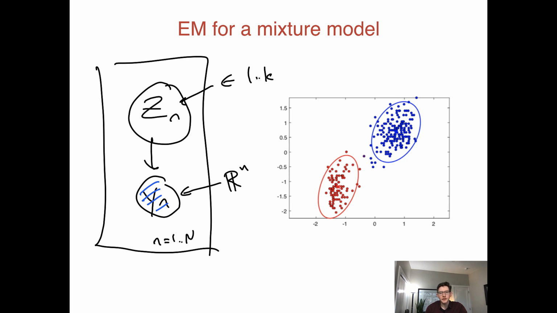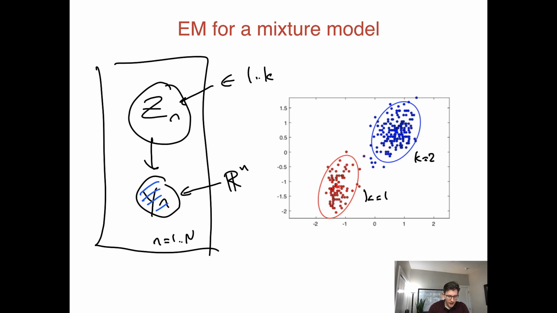We might want something like this, where we find that there are these two clusters, k equals 1 and k equals 2. And that y given k equals 1 is this distribution here, defined by this oval, and the other is this one.